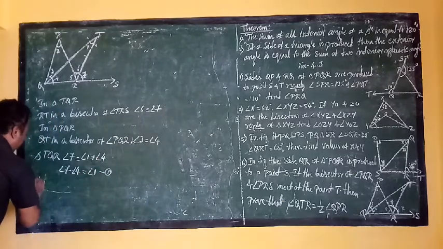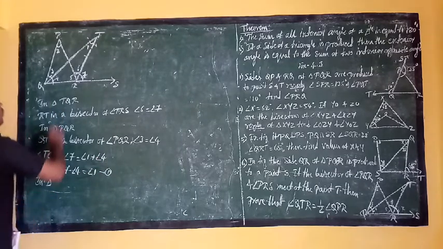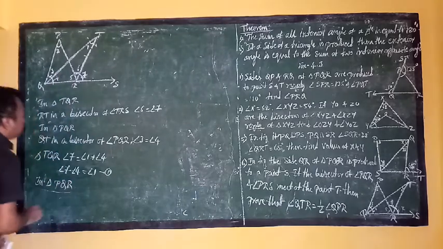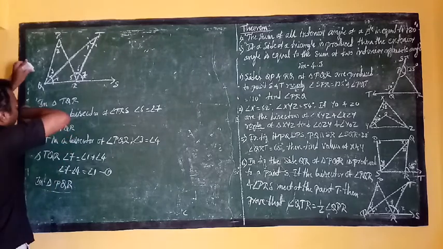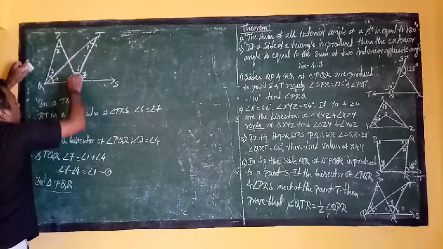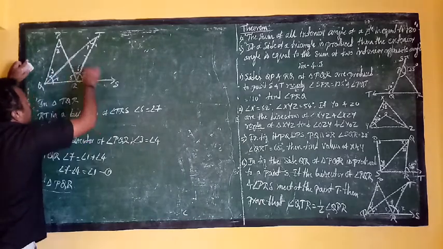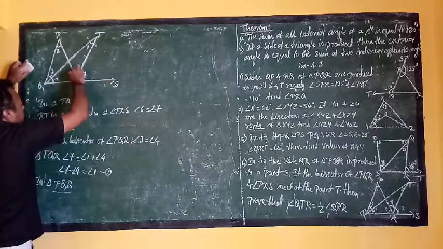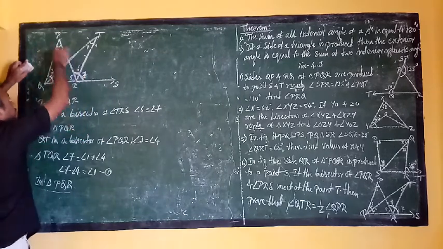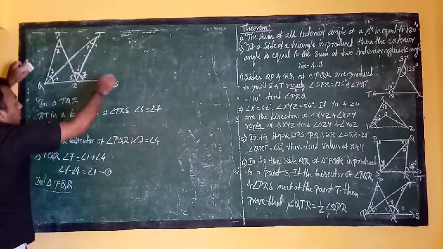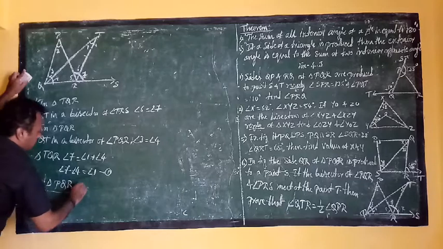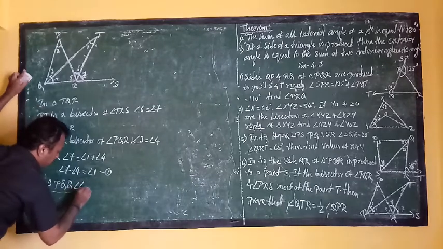Next, in triangle PQR, here again I am using the exterior angle property. In PQR, PRS is the exterior angle. PRS exterior angle means angle 6 and 7 both; the sum of these two angles becomes PRS. Therefore, PRS means angle 6 plus angle 7.